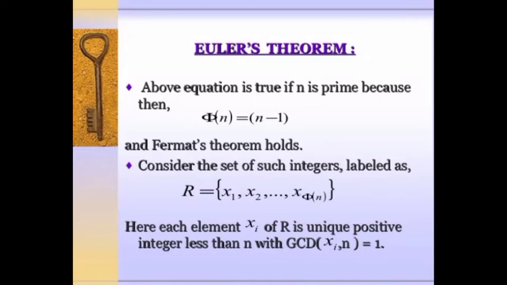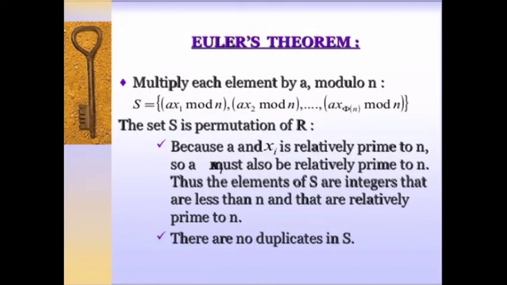Here each element x of R is a unique positive integer less than n with GCD of x and n equal to 1. Multiply each element by a modulo n, and the set S is a permutation of R because a and x are relatively prime to n, so a x must also be relatively prime to n. Thus, the elements of S are integers that are less than n and relatively prime to n, and there are no duplicates in S.